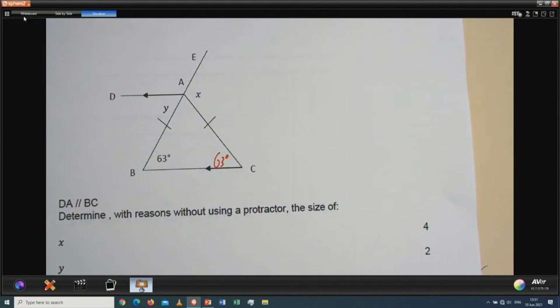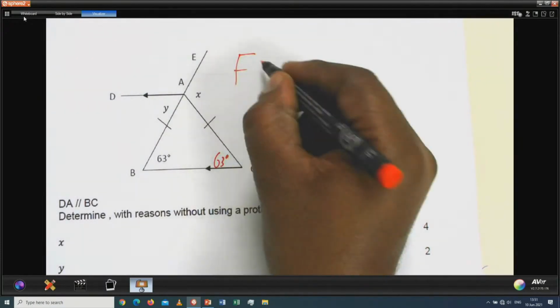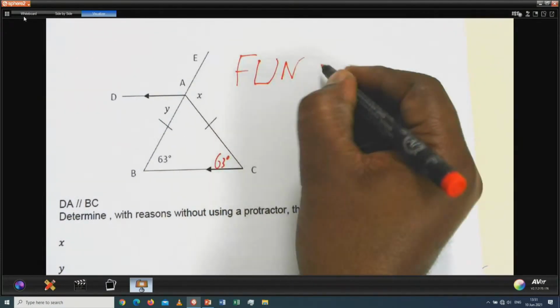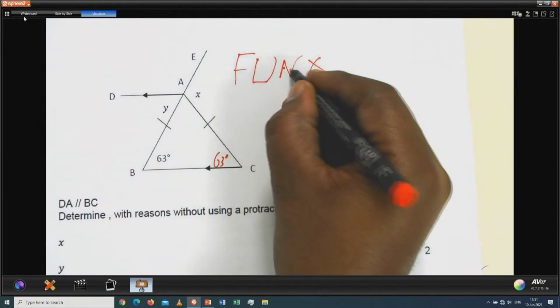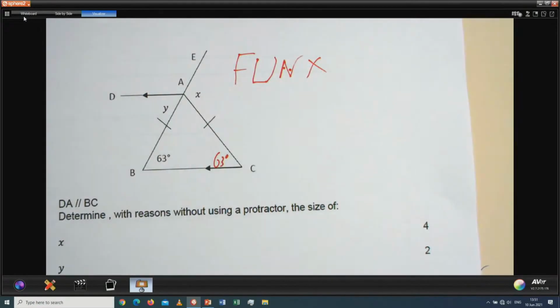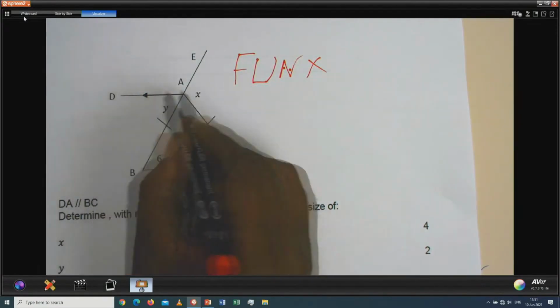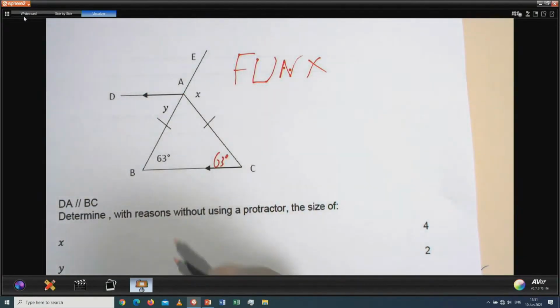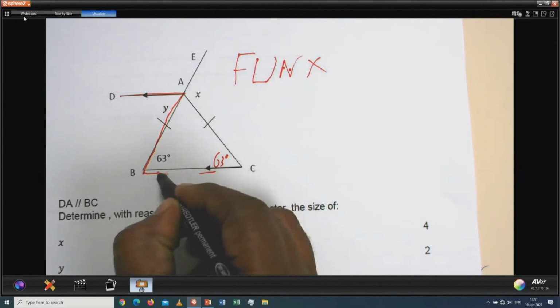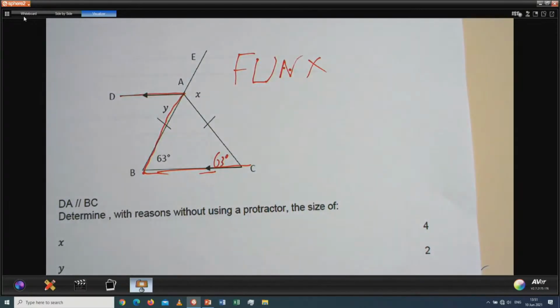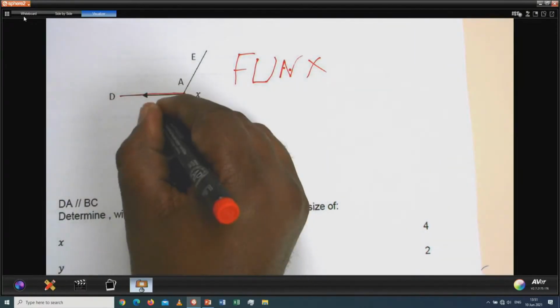What else do I have? I have my Z or my N, which is this one, because they are parallel lines. Which tells me this is 63.